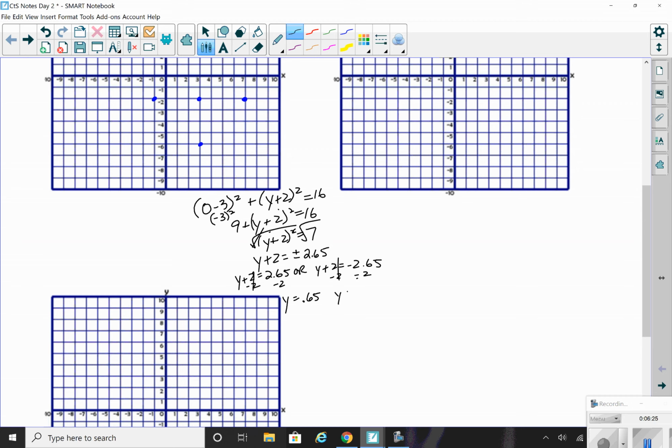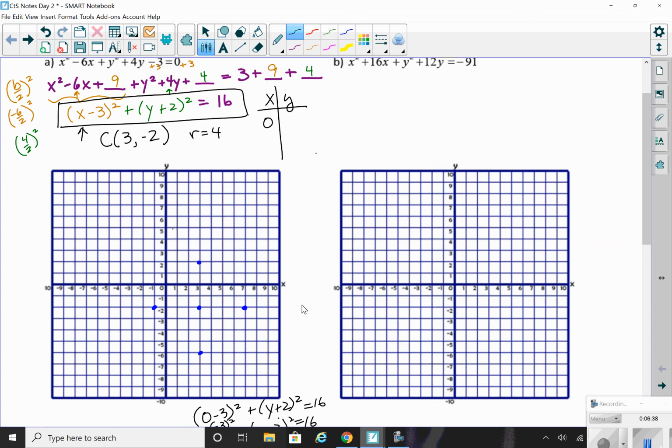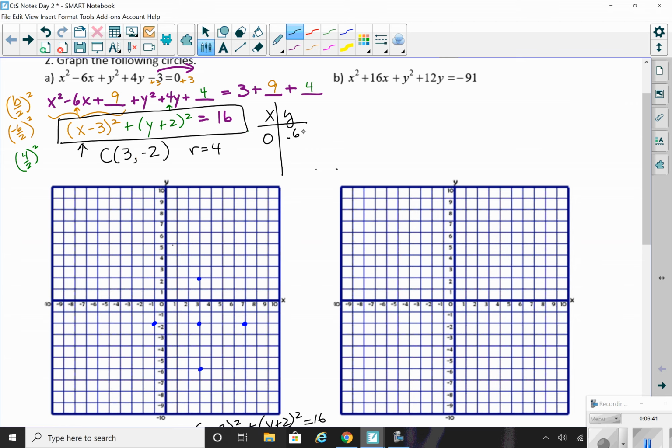On the right, you get negative 2.65 minus 2, which gives you negative 4.65. So notice I get two very different values for y. So back to my table. If I plug in 0, I'm either going to get 0.65 for y, or negative 4.65.